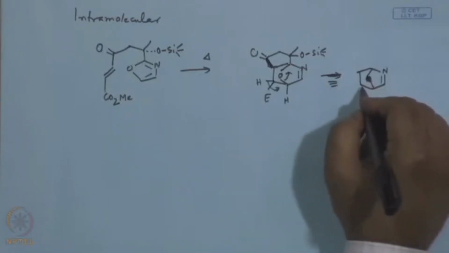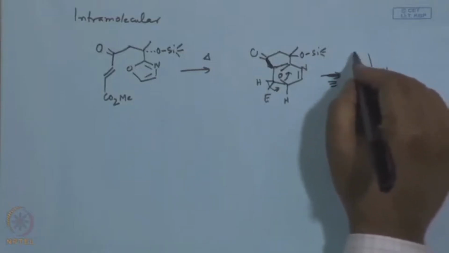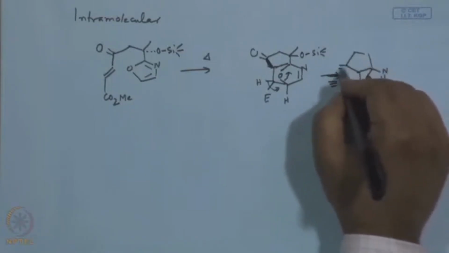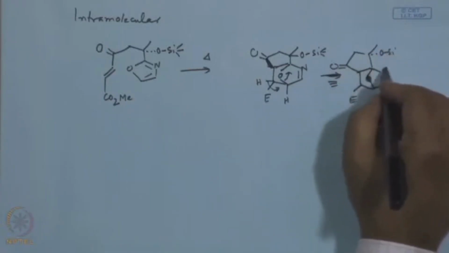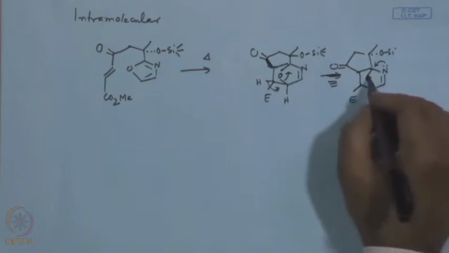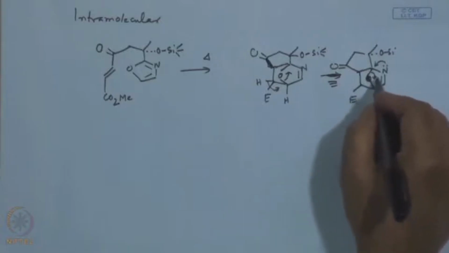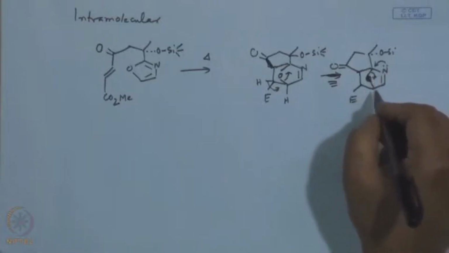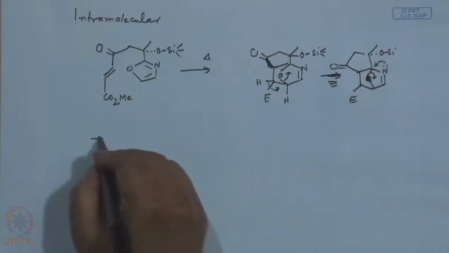Oxygen up here, this is E, and this is a 5-membered ring with a ketone, and the adjacent group is oxygen and silicon. Normally this hydrogen has a propensity to expel the oxygen, right. So, there is a possibility that it would first form this sort of thing, and then eventually it will undergo aromatization.